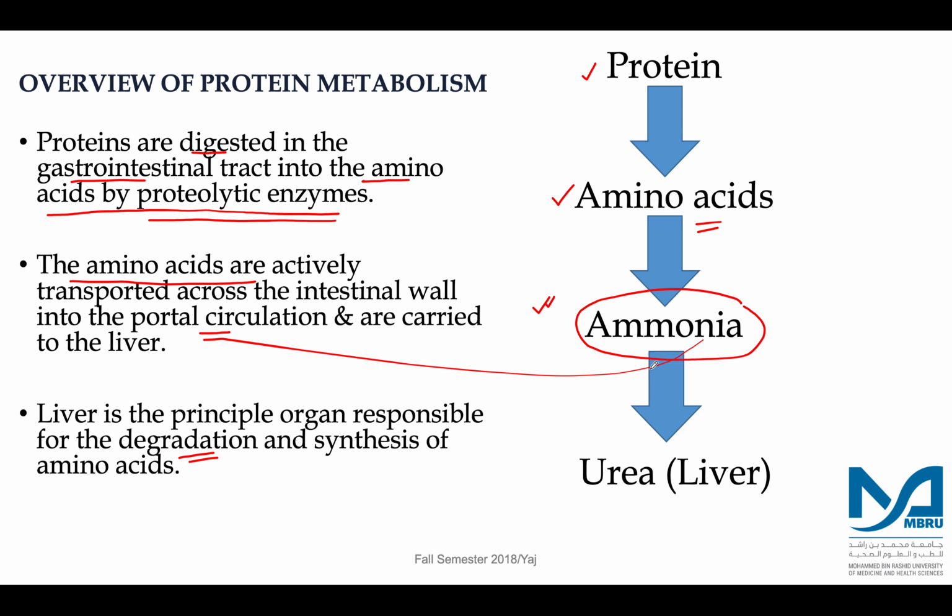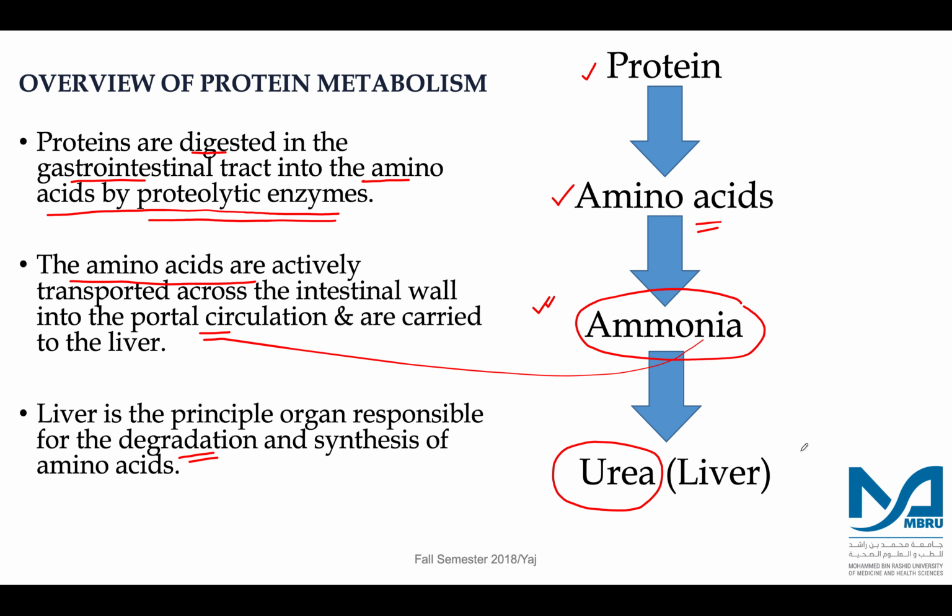Once ammonia is produced and transported successfully to the liver, the liver converts this ammonia to urea, and this urea is excreted in the urine. That's a simple process of protein metabolism. So proteins are converted to amino acids, converted to ammonia, and ammonia is ultimately converted to urea.